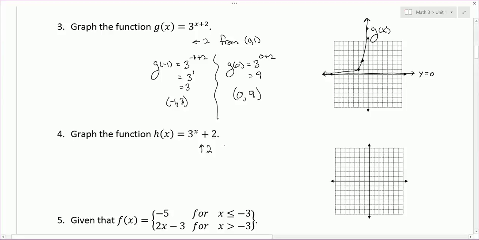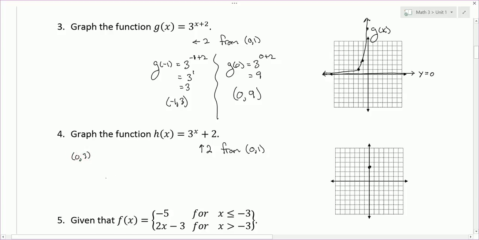But remember, because it's exponential, we're translating from the point (0, 1), not (0, 0). So up 2 units from (0, 1), we end up at (0, 3). And then we need a couple extra values. So we already have (0, 3).